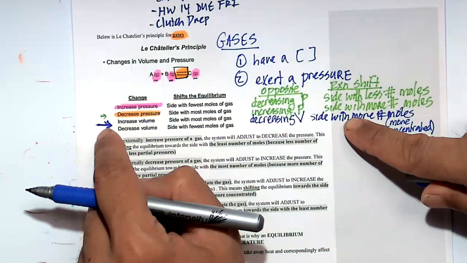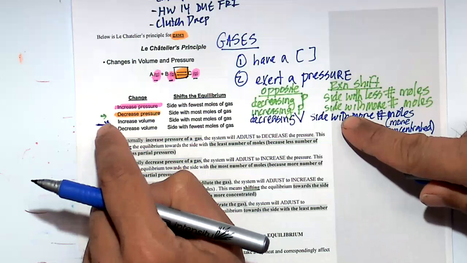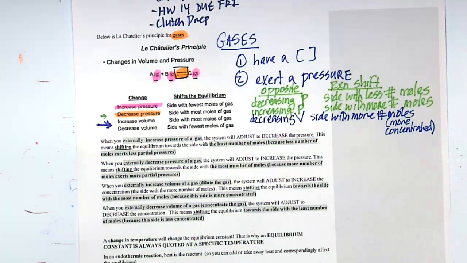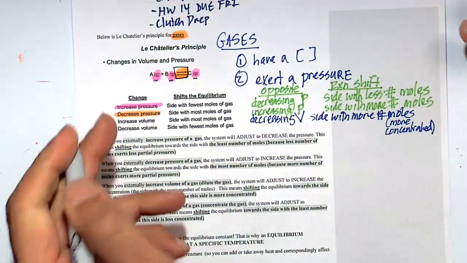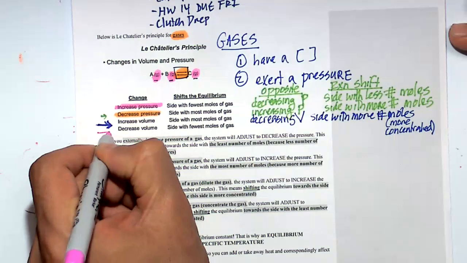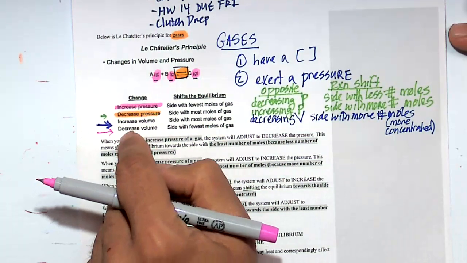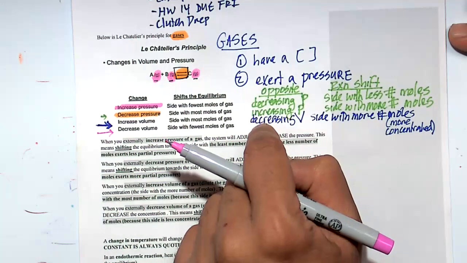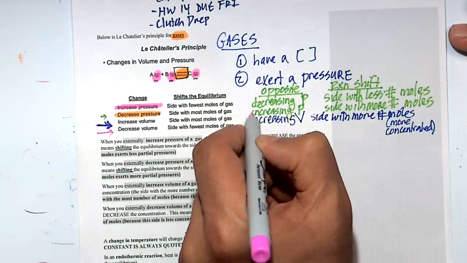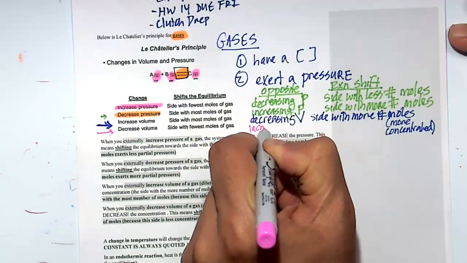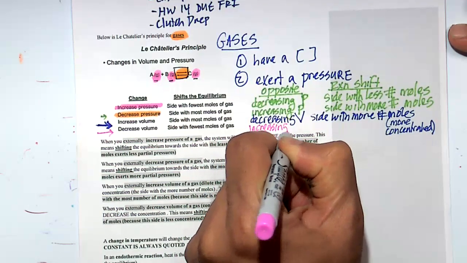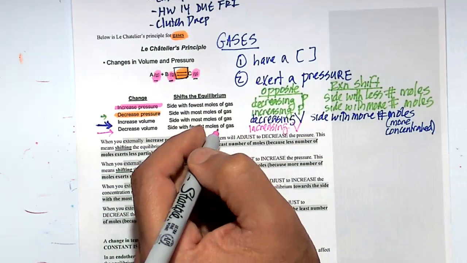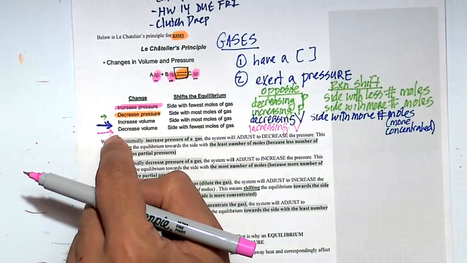All right. And now let's go to the last one, where you decrease the volume. If you decrease the volume, what's the opposite of decreased volume? Increased volume. Do you see this? So you decrease the volume.